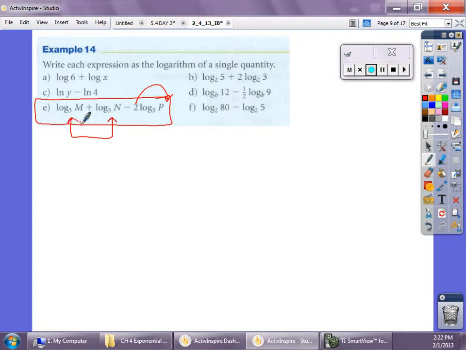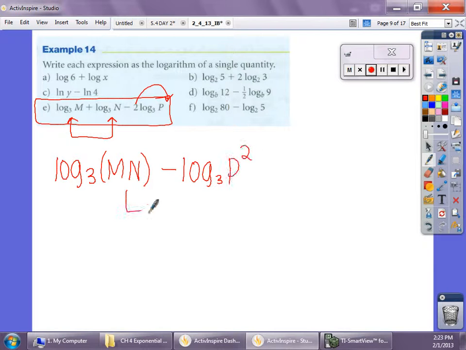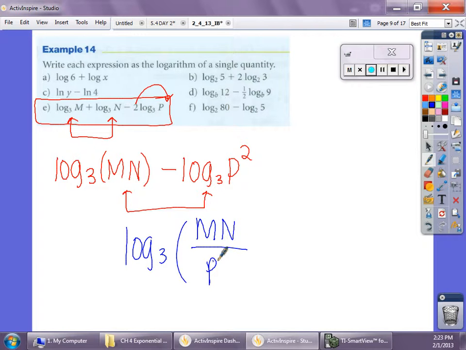So if this is a sum, let's do that first. A sum condenses to a product. And then log base 3 of p squared. And then here we have a difference which condenses to a quotient. So mn divided by p squared. So that is condensing.